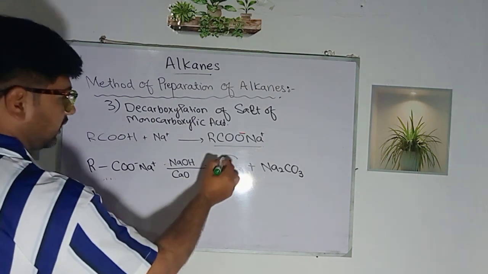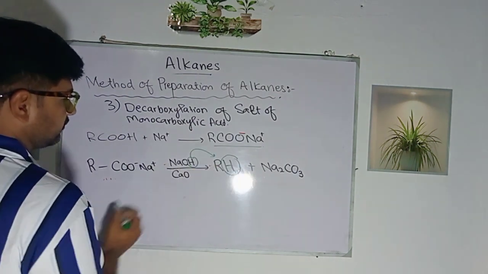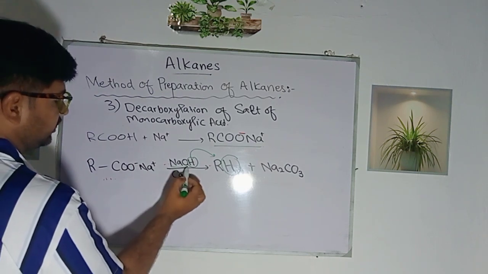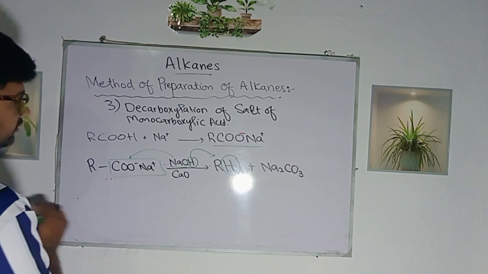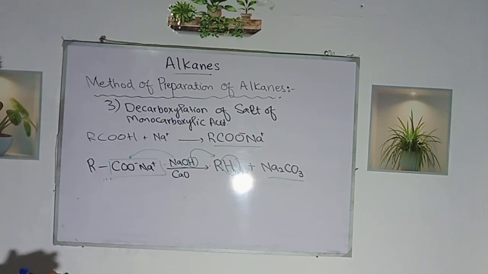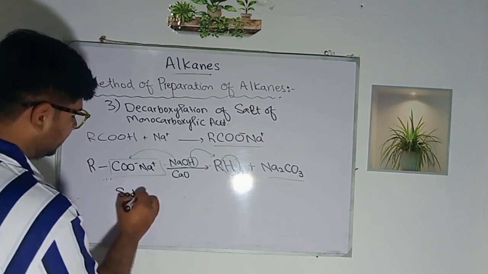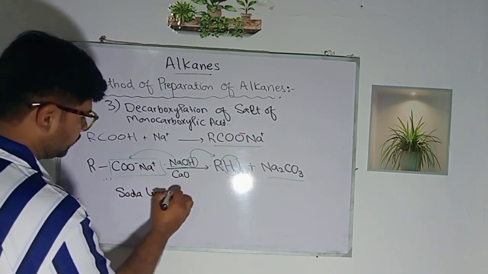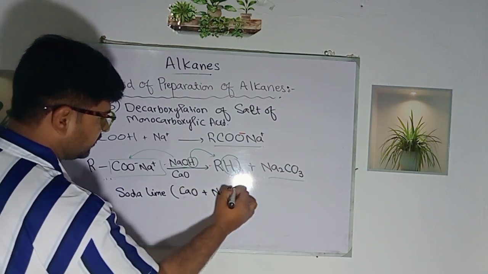Now this hydrogen atom actually comes from here, and this sodium and oxygen will combine with the remaining portion to give rise to sodium carbonate. Remember that decarboxylation takes place in the presence of soda lime, which is calcium oxide and sodium hydroxide.